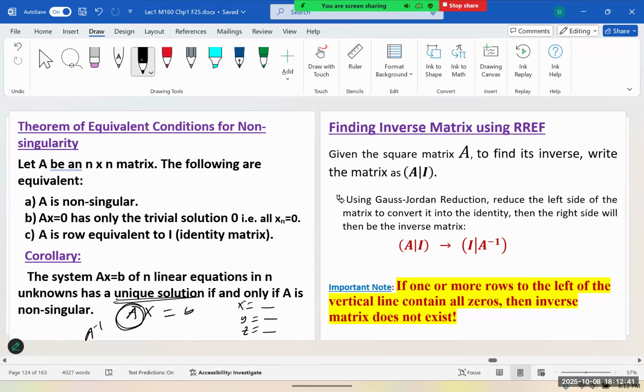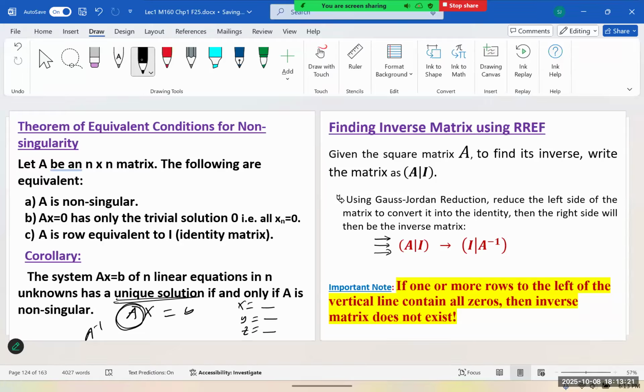Now, how do you find the inverse? How do you know whether the system has an inverse or not? We are going to start with the formal method, and then we are going to learn the shortcut method. The formal method is to apply row operations on our A matrix and turn it into the identity matrix. So we write A on the left, a vertical bar, and the I matrix on the right. Then we apply whatever operations are needed to the entire augmented matrix.